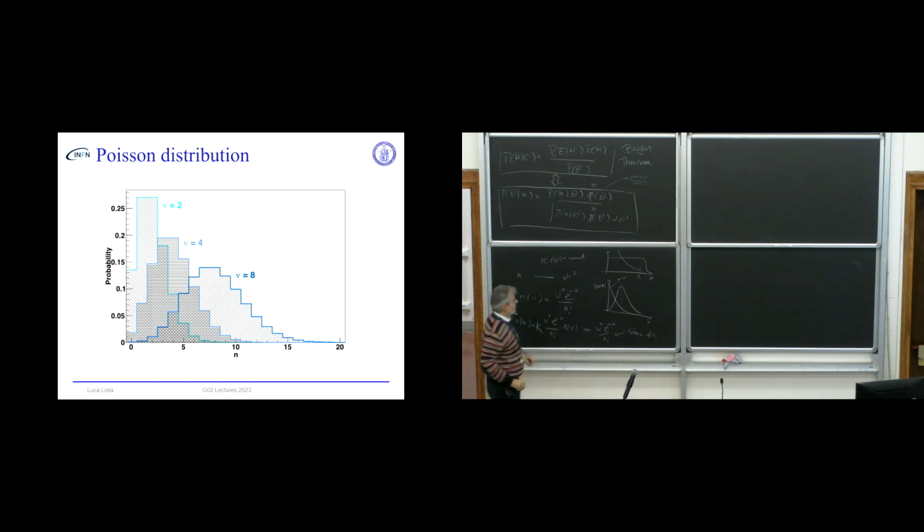With a given maximum. Note something interesting. If you observe n equals 0, the most likely value is nu equals 0. If you observe n different from 0, the value nu equals 0 is impossible. Because if you assume that nu is equal to 0, then you will always observe n equals 0. So as soon as you observe n which is different from 0, nu equals 0 is an impossible value.